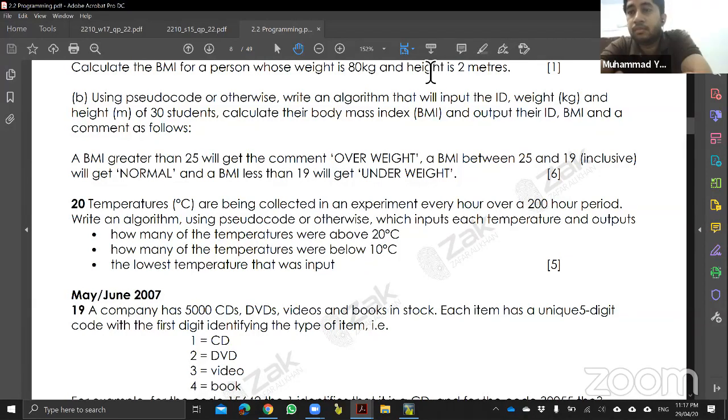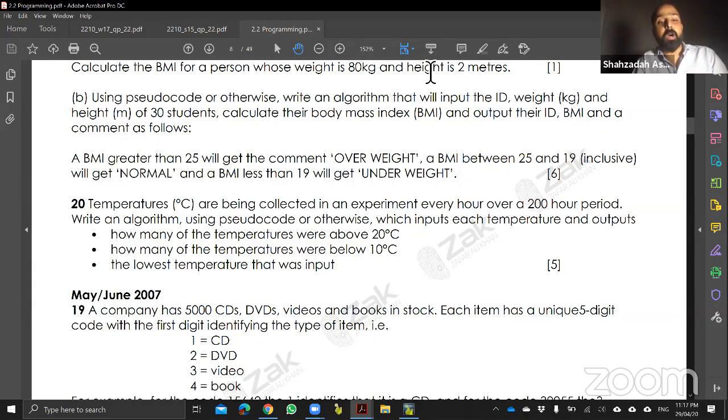And what outputs are required, how many, just like Zafar has told us that the term how many basically helps us identify that we need to do counting with condition here. So we need to count how many temperatures are above 20 out of those 200 temperatures.